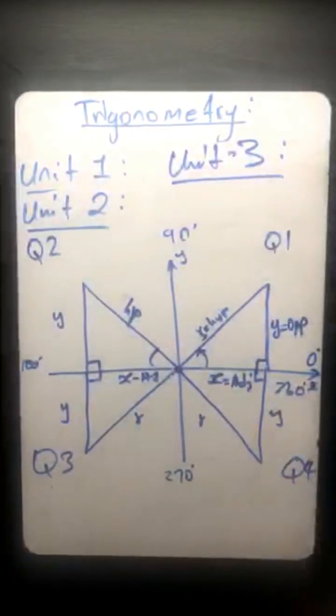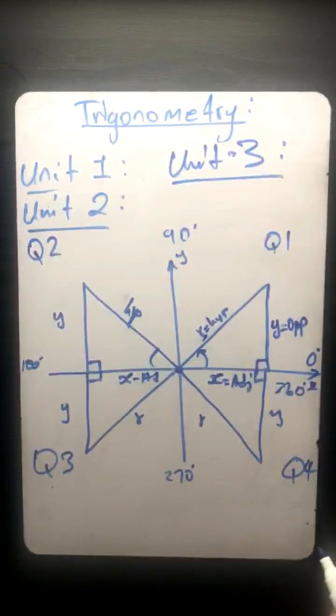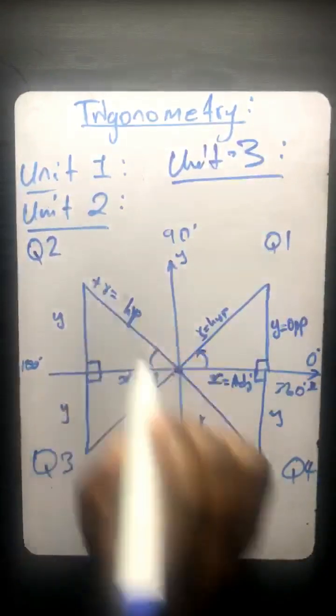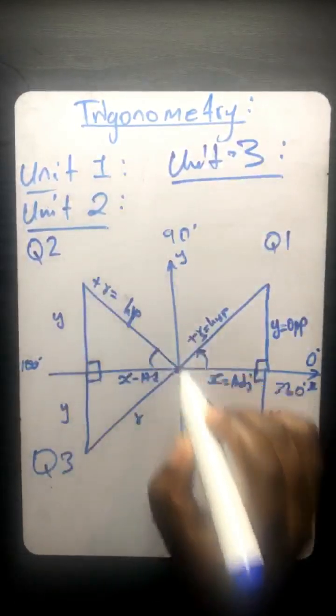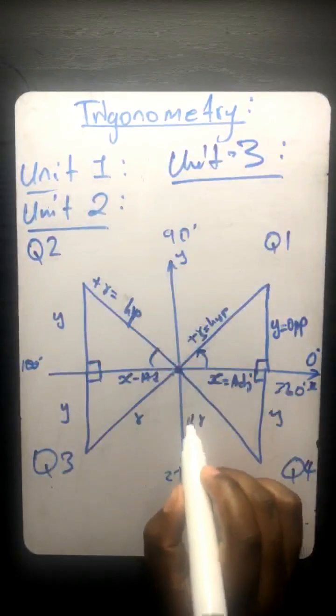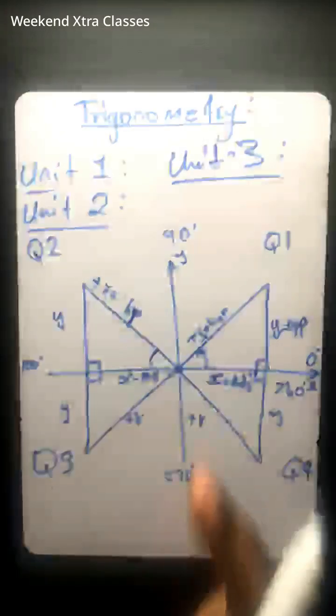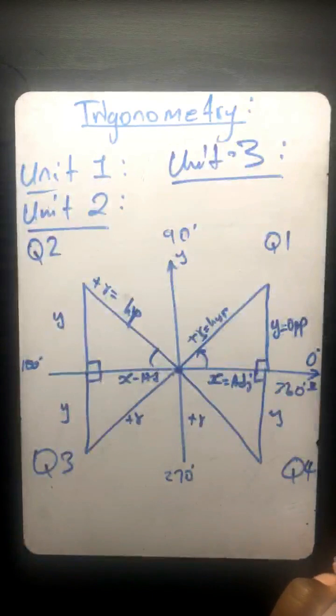Something that I also discussed with you last week, I said at all times, your r is always positive. But when it comes to x and y, it all depends on the quadrant in which your right-angled triangle is drawn.